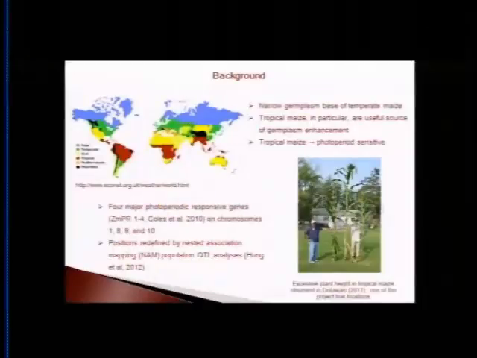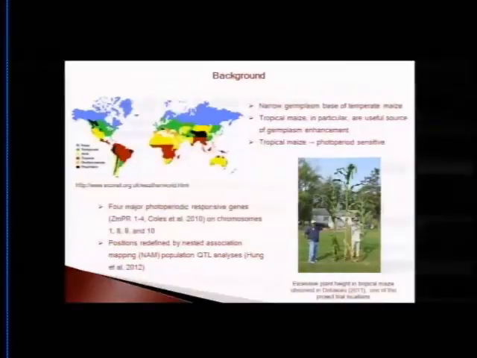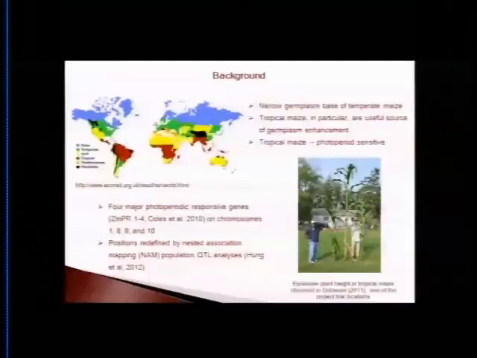So tropical maize is a short day plant, and when grown in temperate environments, among many other things, it flowers late, has excessive plant height, and is susceptible to common smut. So four major photoperiodic responsive genes have been identified and named ZmPR1 through 4, and placed on chromosomes 1, 8, 9, and 10.